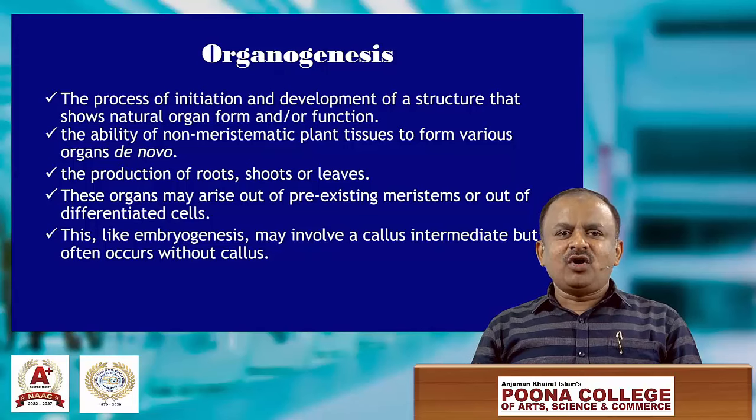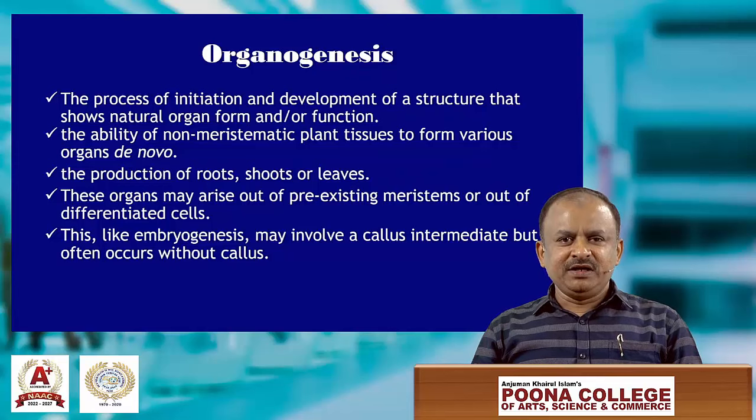The ability of non-meristematic plant tissue to form various organs under aseptic conditions is called de novo. The production of roots, shoots or leaves is possible as a result of organogenesis. These organs may arise out of pre-existing meristems or out of differentiated cells. Like embryogenesis, this may involve a callus intermediate but often occurs without callus.